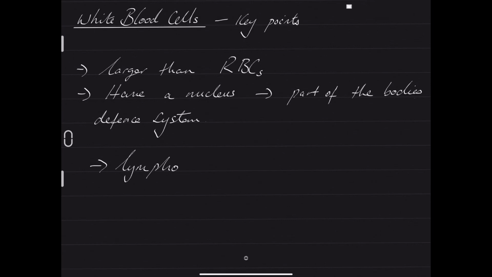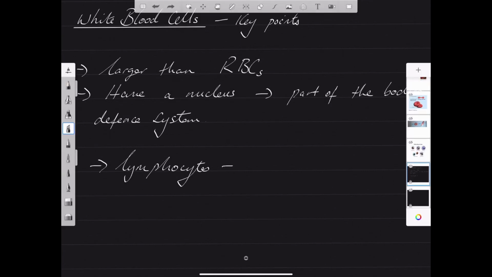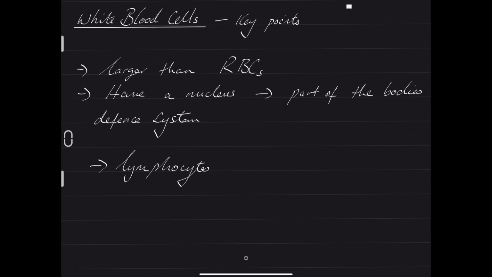Lymphocytes will form antibodies, will produce antibodies against pathogens. A pathogen is any disease-causing microorganism.